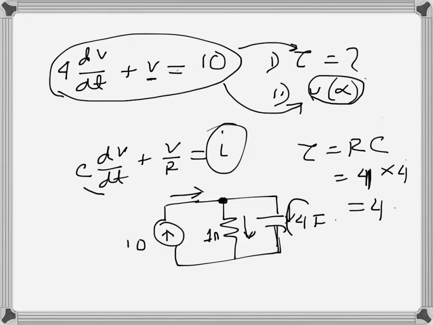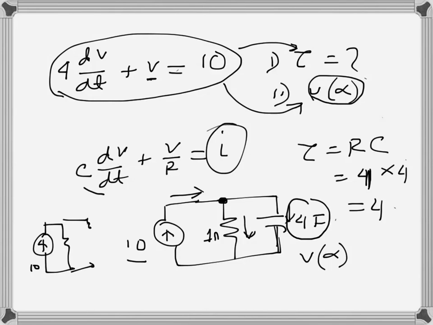So initially this one is a short circuit and then it becomes open for the DC condition. So the V infinity will be just across this resistance, because in the end the circuit will be an open circuit, so the voltage here will be just 10 into 1, which is 10 volts. That will be the voltage here.